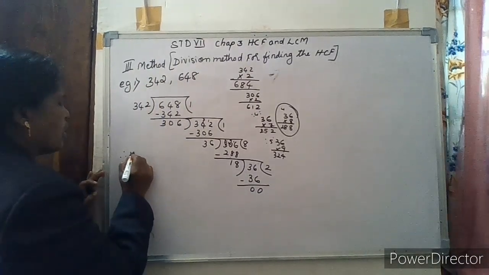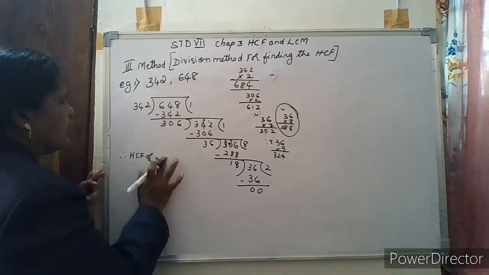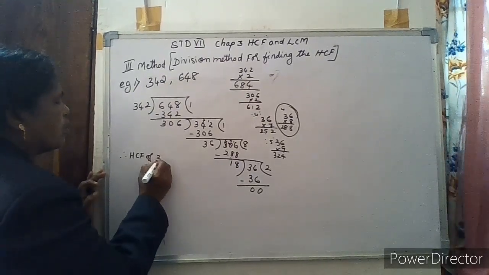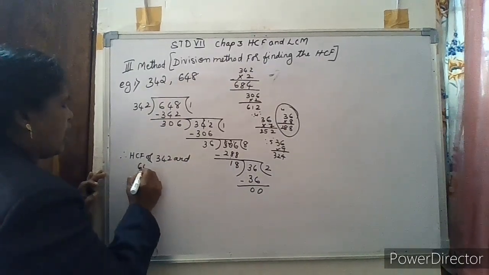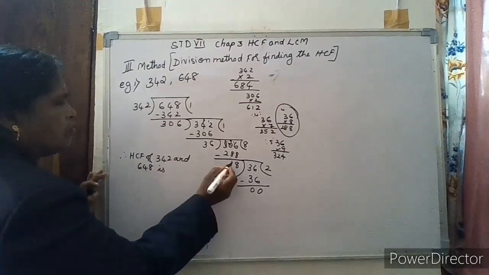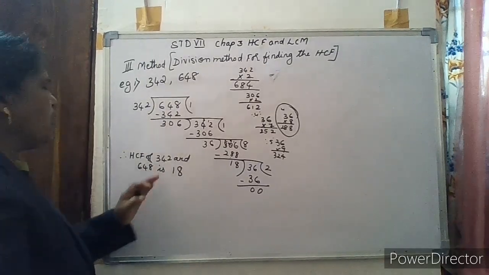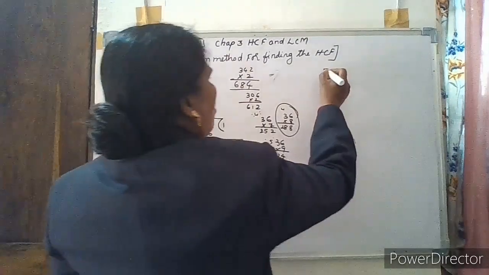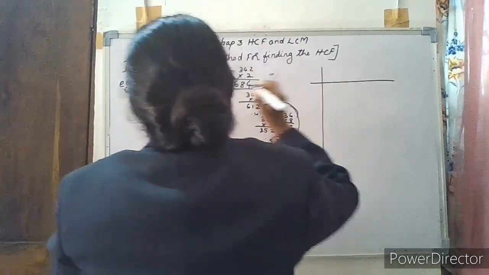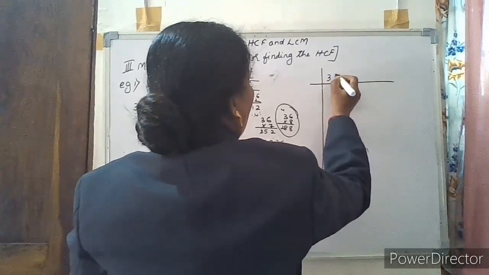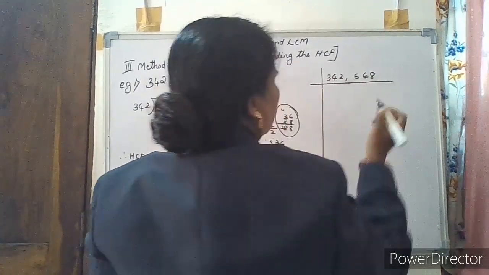Therefore, HCF of 342 and 648 is this 18. By the prime factor method also, or by the second method, if you try verification, we will see 342 and 648 by the second method.